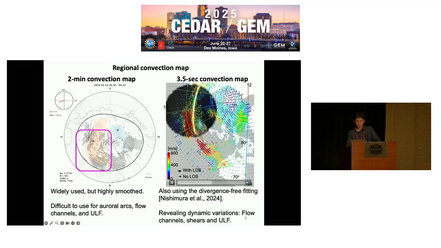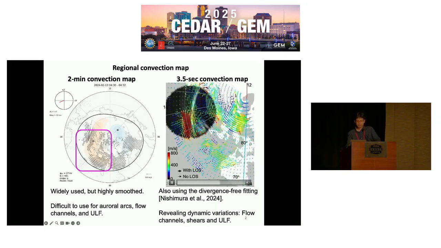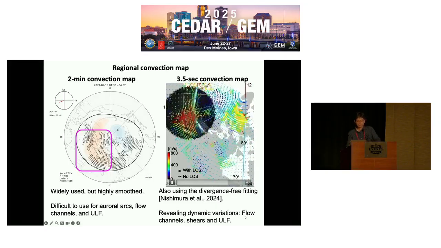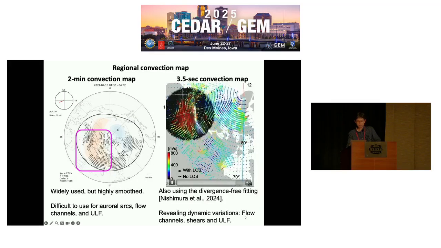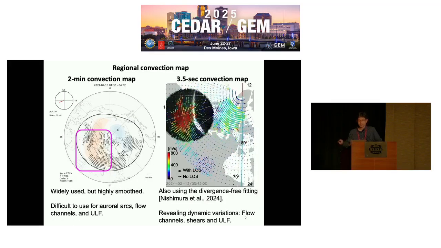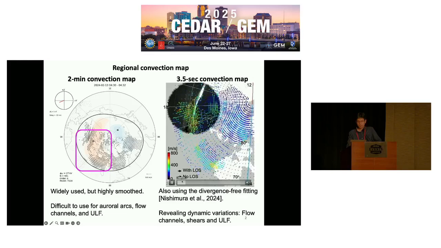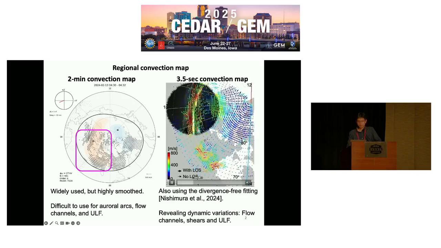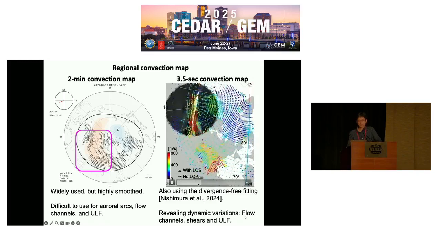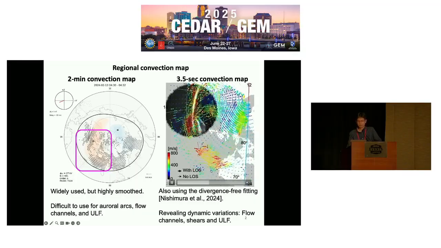And then what we see here is a dusk side convection cell, but this one is changing at very short time scale. Some of the flows are moving up and down. That's based on what we see in the line of sight measurements in the previous slide. So this is real flow structure changing at the ULF frequency.